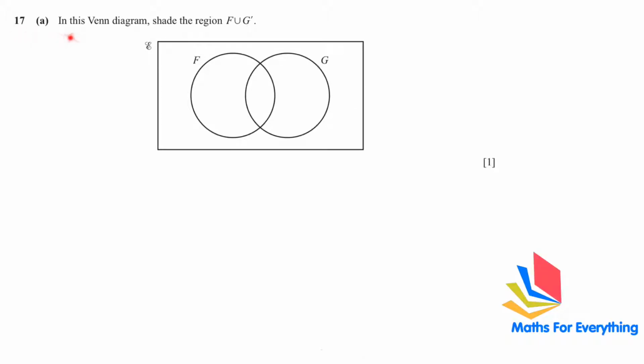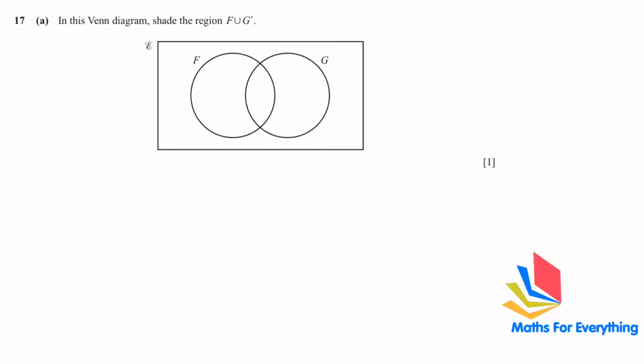Question number 17. We have been given Venn diagram and we have to shade the region F union G complement. Union means you combine. So the region in F combines with the region in G complement. What does G complement mean?